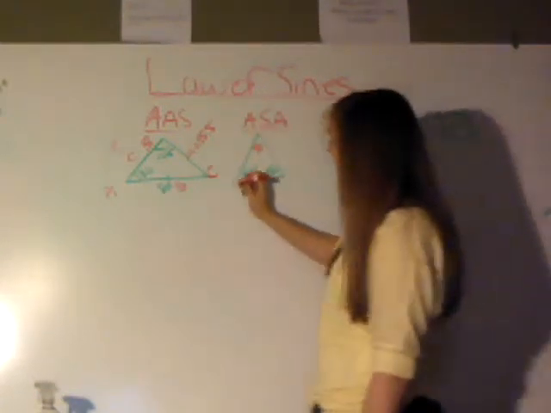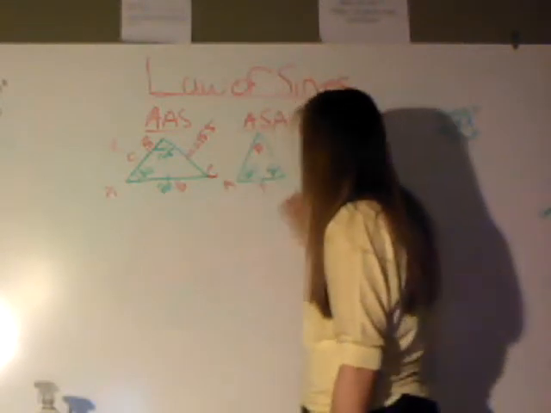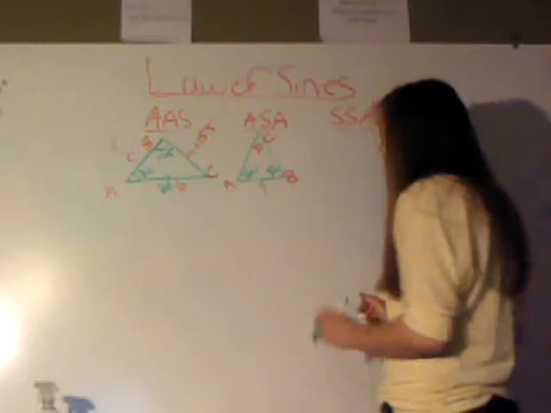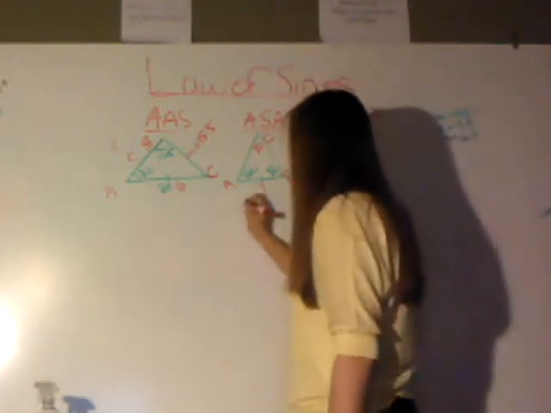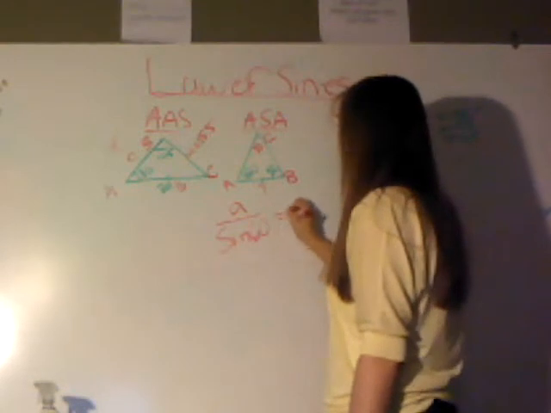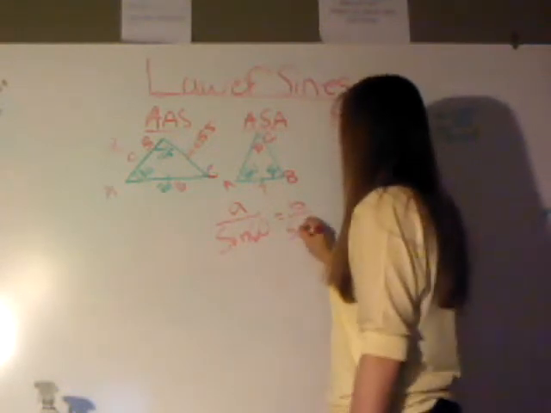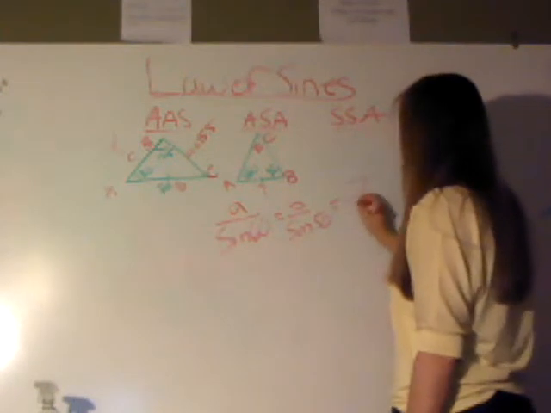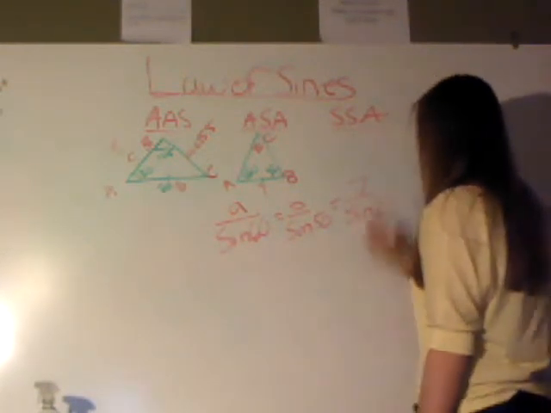So this angle is going to be A, B, C. So when we are writing this down, it's going to be A over sine of 60 is equal to B over sine of 50 is equal to 7 over sine of 70.